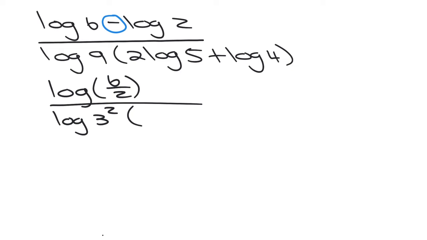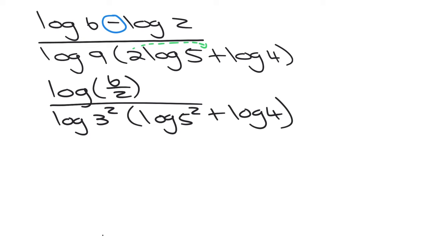And what's interesting that we can do inside the parentheses is that we can take the 2 to be an exponent of the 5. So there we would have log 5 to the power of 2 add log 4. And of course, as we are seeing a plus there at the bottom, we're going to change that to a multiplication.